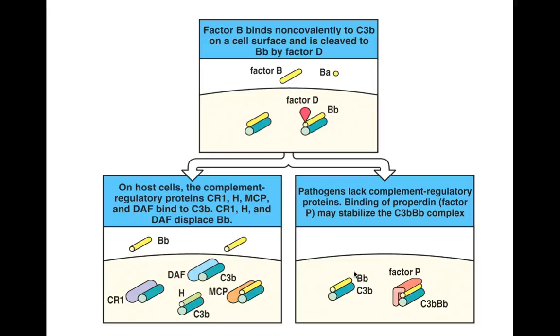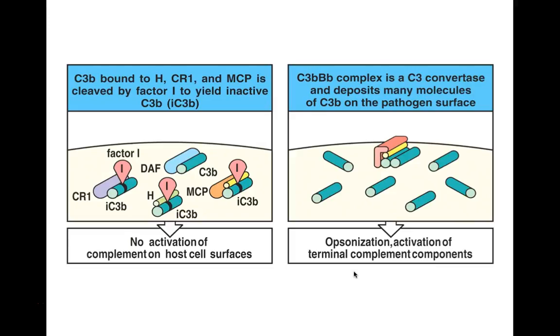So properdin, or factor P, is going to make sure that enzyme remains fully functional and intact where it needs to be. If we find that C3b binds to some of the inactivation or the regulatory proteins, then we won't get further activation of complement, which is illustrated on the left.